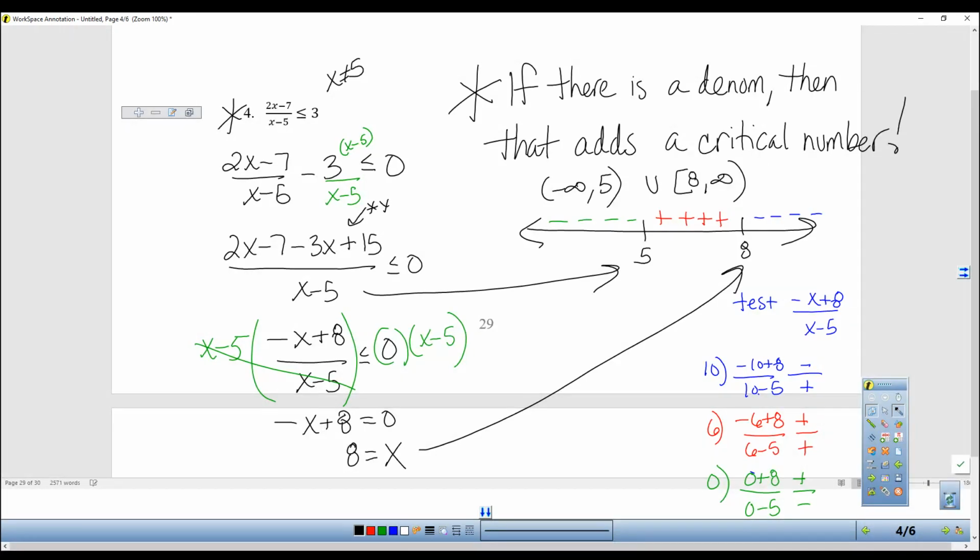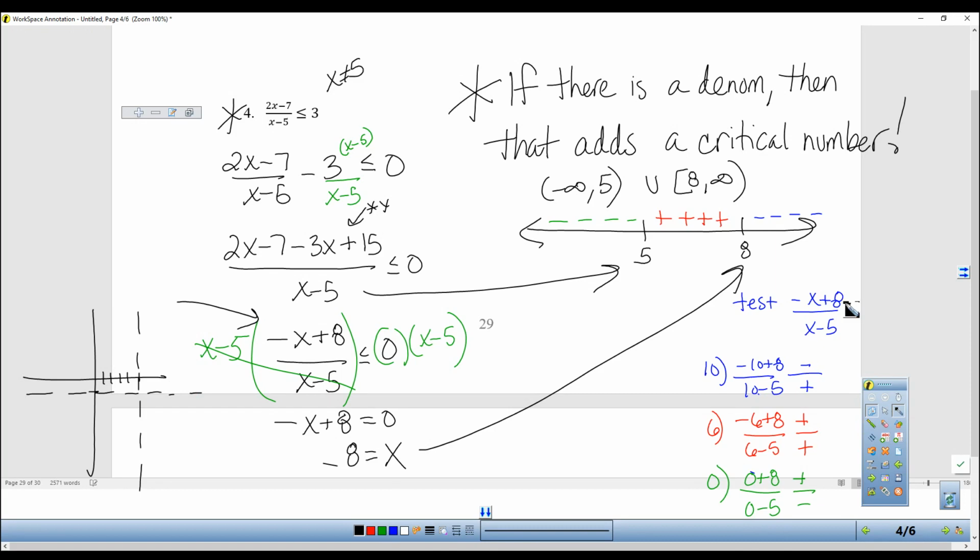Okay, people that want to see it graphically. How would I do it graphically? I would go to this step, which is where we kind of used that last time. And I would say, oh, it has an asymptote at 5. 1, 2, 3, 4, 5. It has a horizontal asymptote of negative 1.